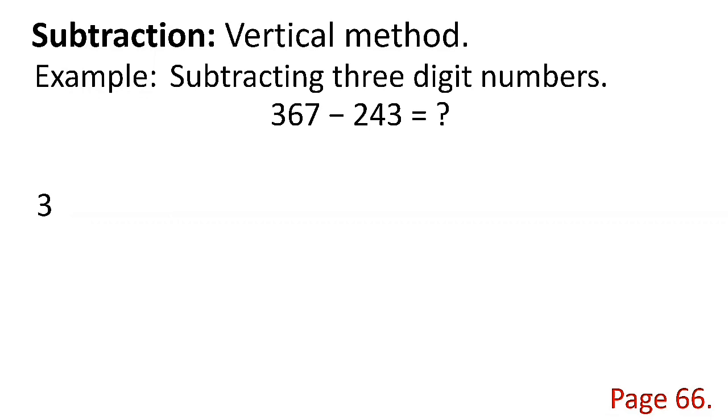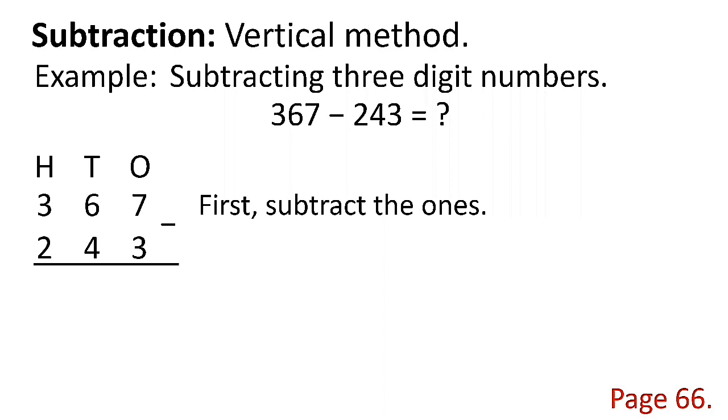So you have to write like this, 3, 6, and 7, minus 2, 4, 3. And also don't forget to write the ones place, the tens place, and the hundreds place. First, subtract the ones.